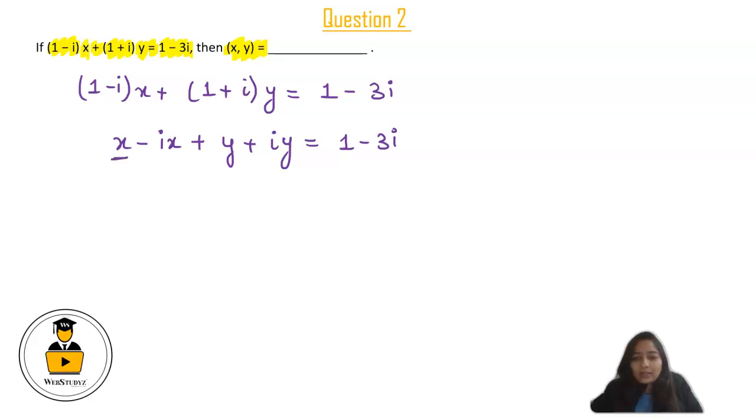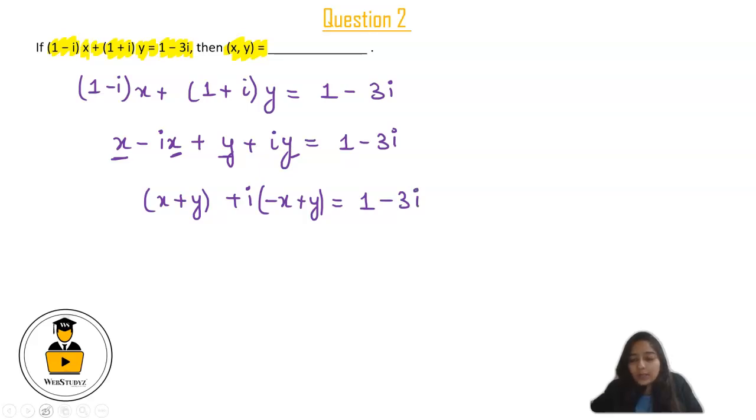Here we will add real part with real part, so we have x plus y, and iota common. Now here we have imaginary part as minus x and here as y, so minus x plus y, equal to 1 minus 3 iota.